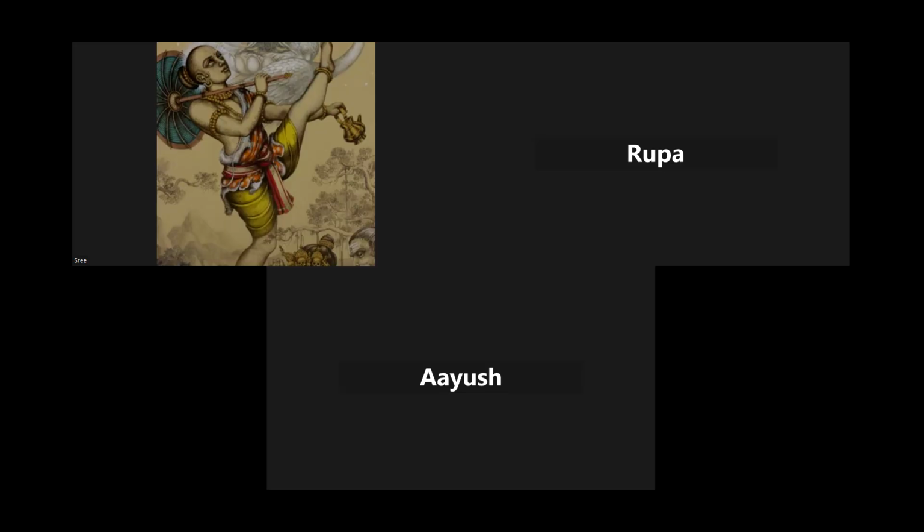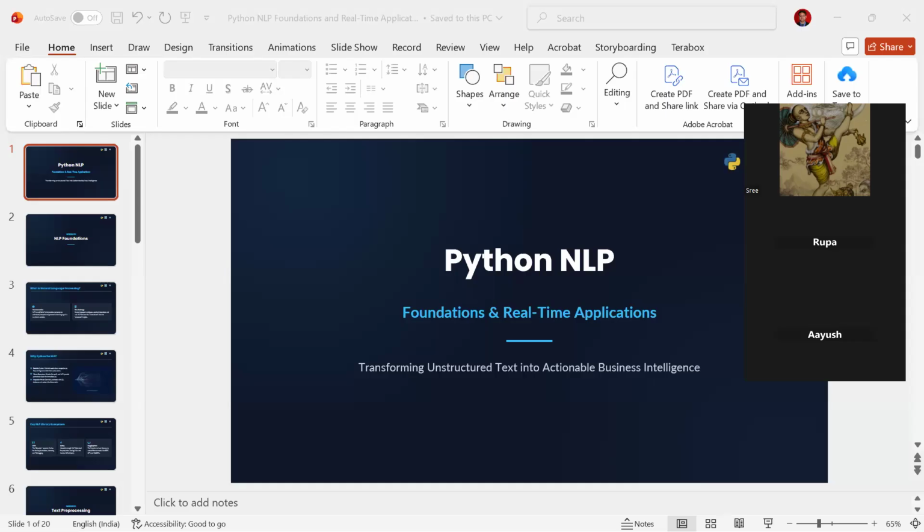Coming to NLP, which is natural language processing. You are already using this in some applications in your real-time environment, like how your English language is understood by Google or ChatGPT or Meta or Gemini Pro.